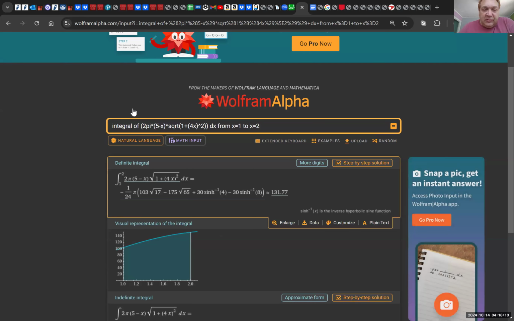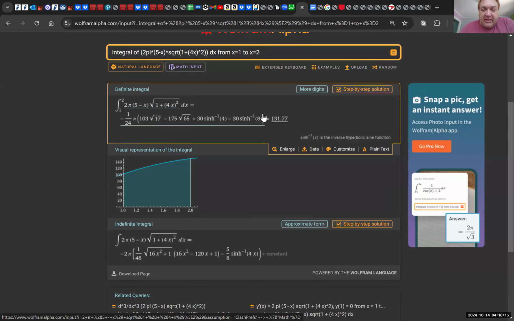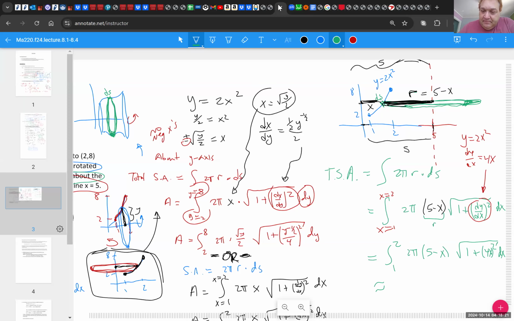There's the 2 pi (5 minus x) and my same ds thing right here. And I get 131.77, approximately, for that surface area.